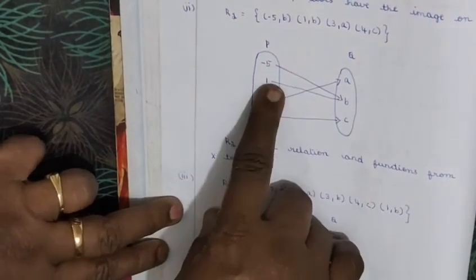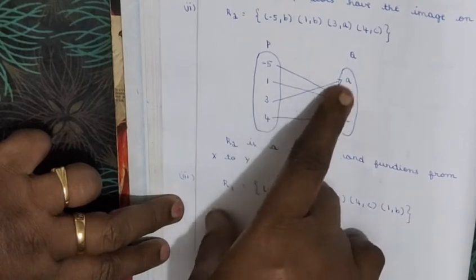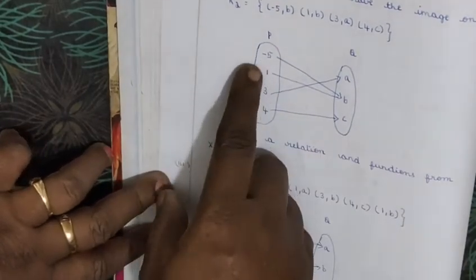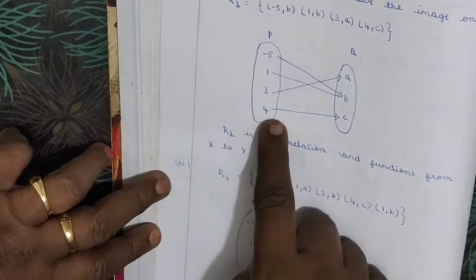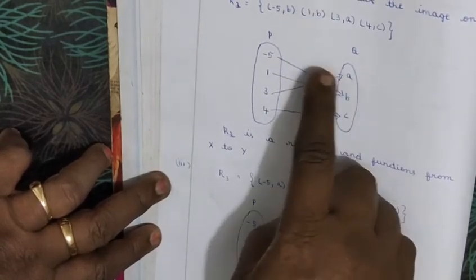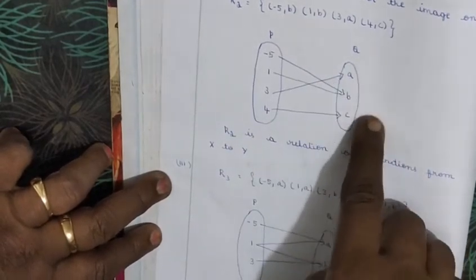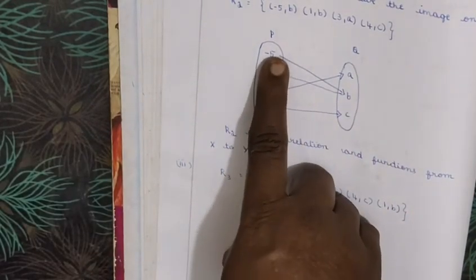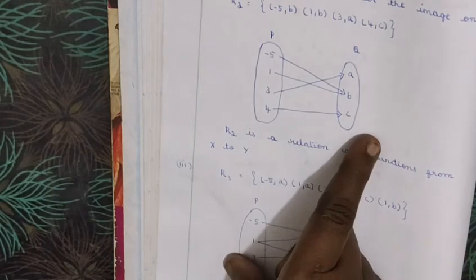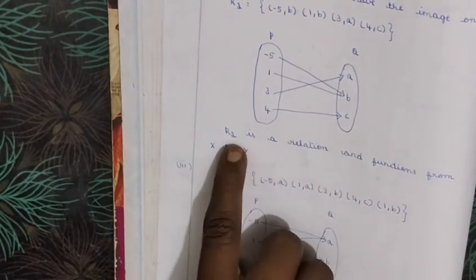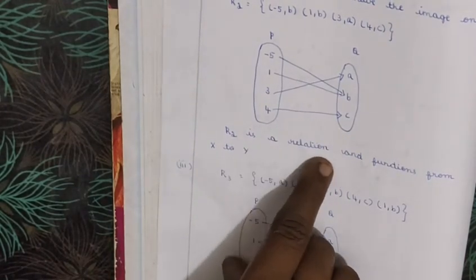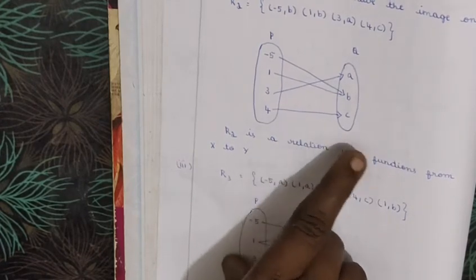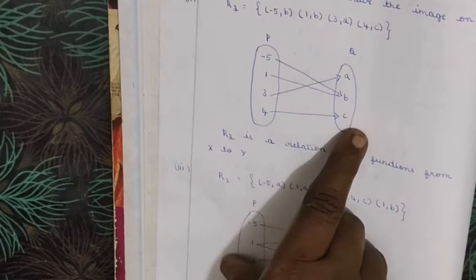Minus 5, B, 1, B, 3, A and 4, C. Now see that all the pre-images have an image. Okay. And also the images are distinct. Now here R2 is a relation, and this relation is a function from x to y.